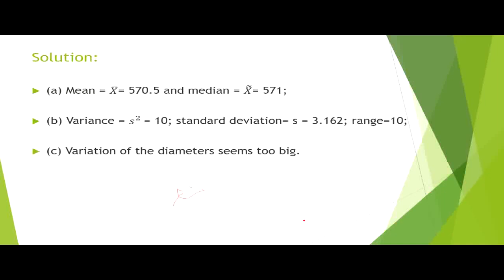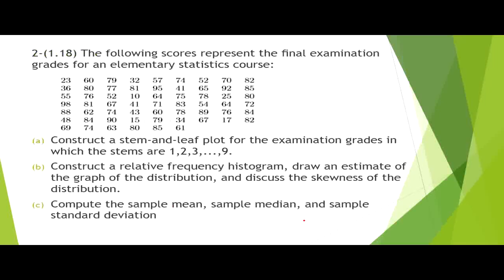Okay. Next we have yet another different problem. Maybe the last problem of this chapter to discuss here. The following scores, so there are plenty of data elements. Manually it's going to be tedious, isn't it? Okay, final examination grades for elementary statistics are given. 1, 2, 3, 4, 5, 6, 7 in a column. 1, 2, 3, 4, 5, 6, 7s are 42 and there are 3 columns with 6 each, 18.